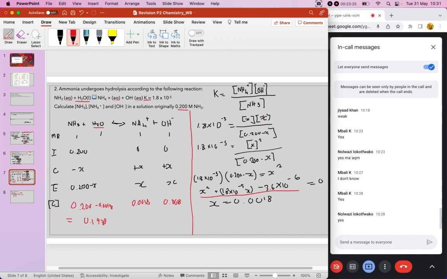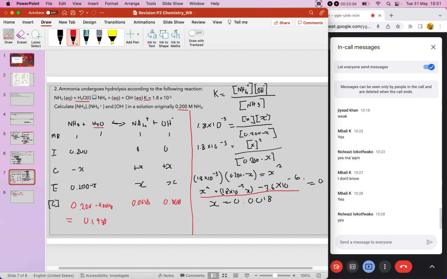You know x times x is going to be x squared, and you will still have your 0.2 minus x. You take this bracket, 0.2 minus x, to the other side of the equation, and when you take everything to one side and multiply this inside, you will have your equation to be x squared plus 1.8 times 10 to the power minus 5 x minus 3.6 times 10 to the power minus 6.